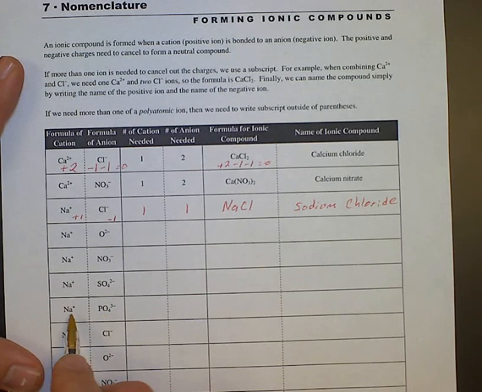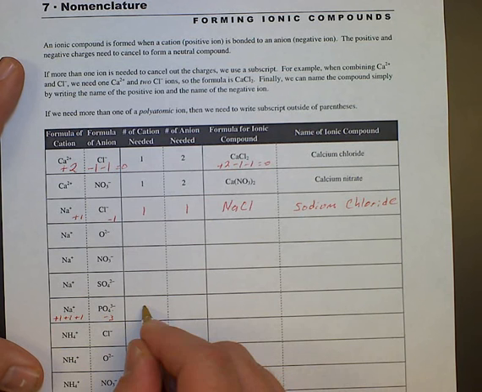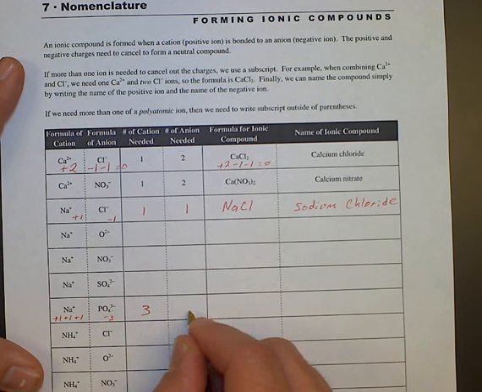Now sodium has a +1 and phosphate has a -3. So in order to cancel out the -3, I'm going to need 3 +1 charges. Because +1 +1 +1 -3 is equal to 0. So I'm going to need 3 sodiums, 3 of the cations, and only 1 of the phosphates.